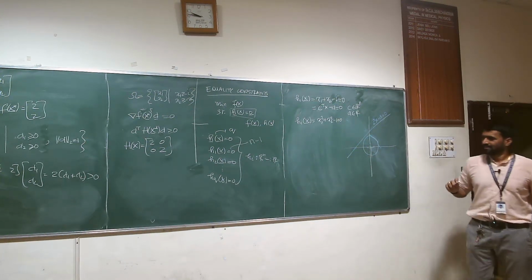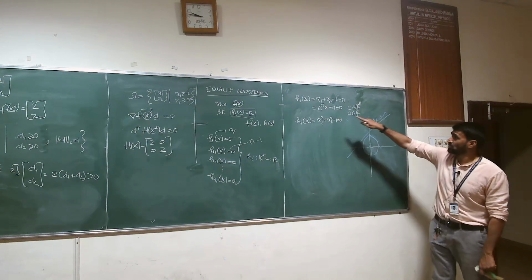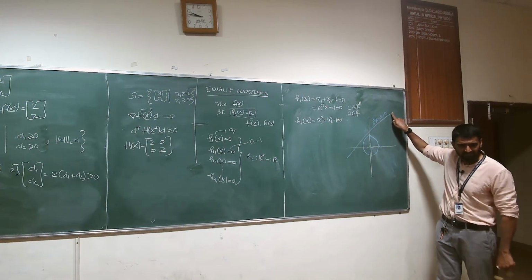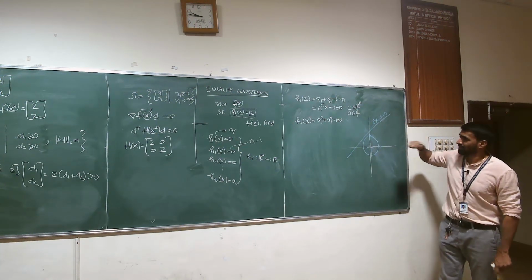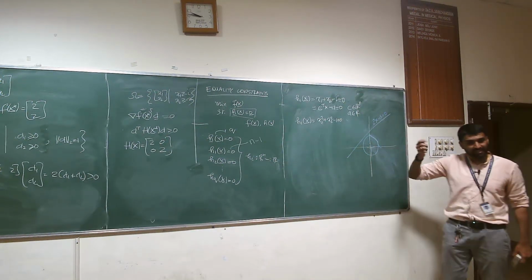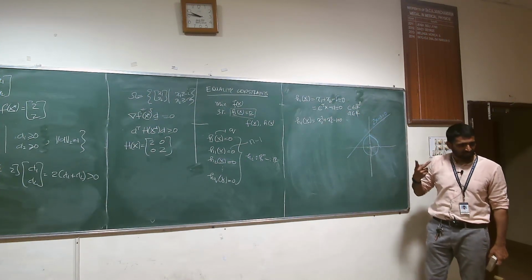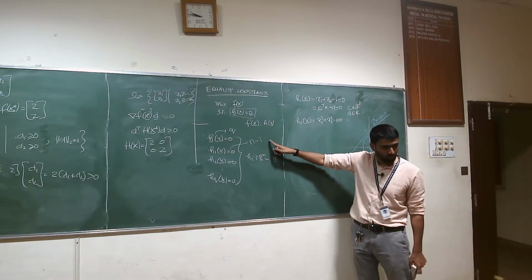If you look at R2, H1 of x defined a line, which is a one-dimensional manifold. That is basically 2 minus 1. If it was in R3, this equation described a plane. That's a two-dimensional manifold, 3 minus 1.